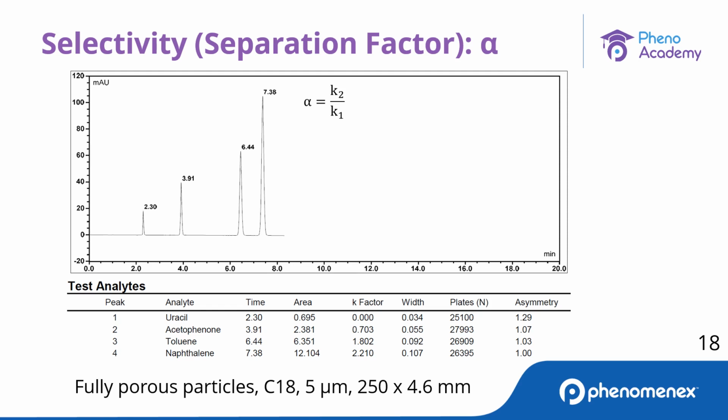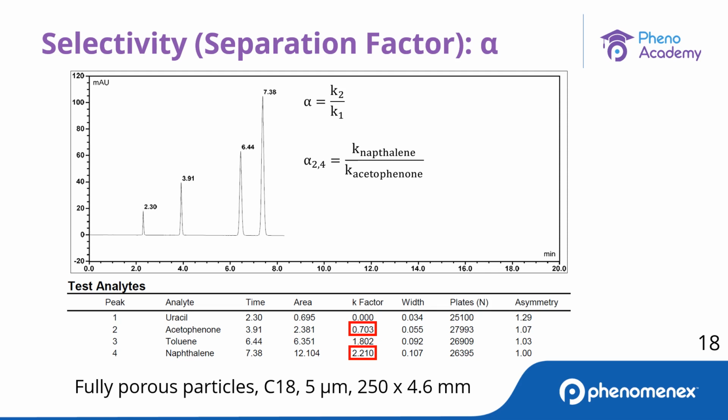The way that selectivity is calculated, you see here in the formula, is that you take the retention factor of the latter peak and divide that by that of the former peak. And I wanted to show you that you do not have to do that for two adjacent peaks.